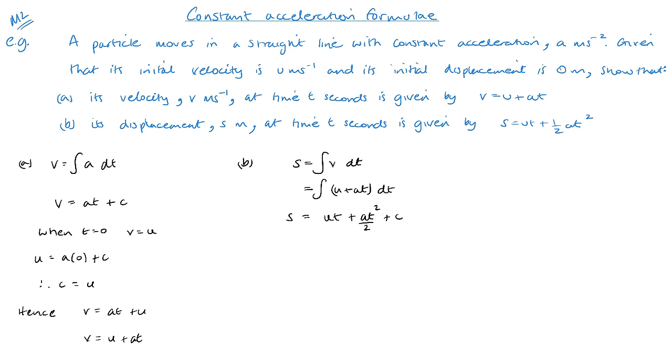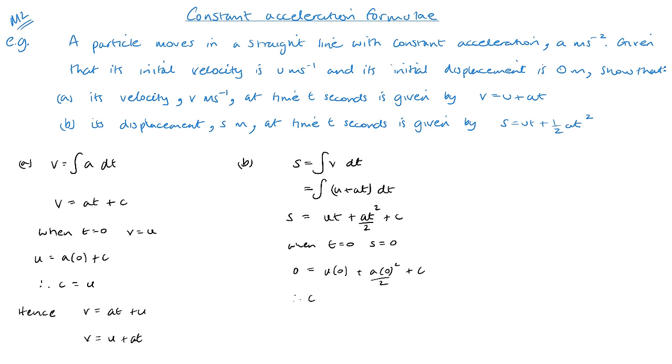And we know that when t equals 0, s equals 0. So we can substitute this in. So 0 equals u times 0 plus a times 0 squared over 2 plus c.